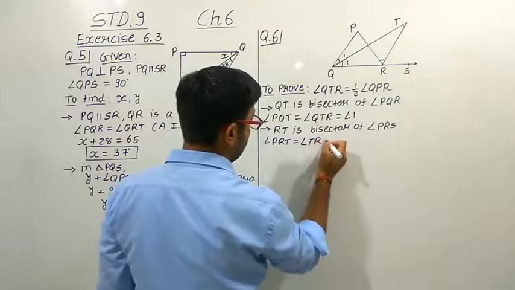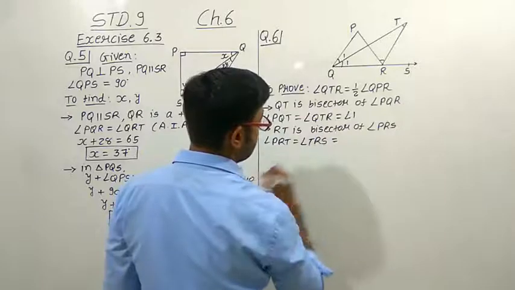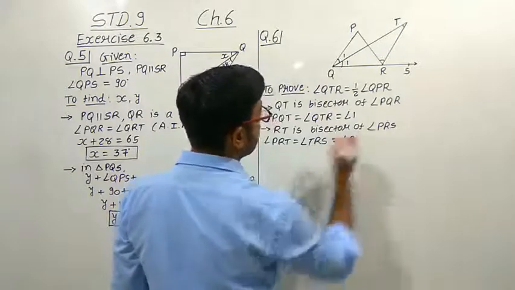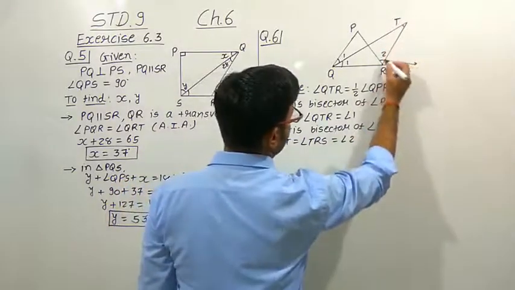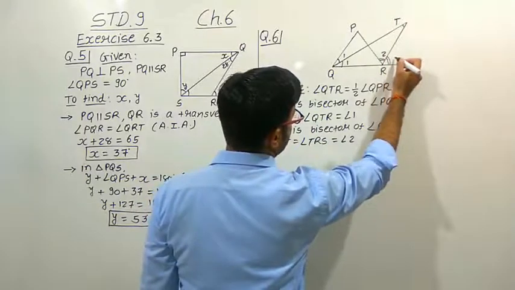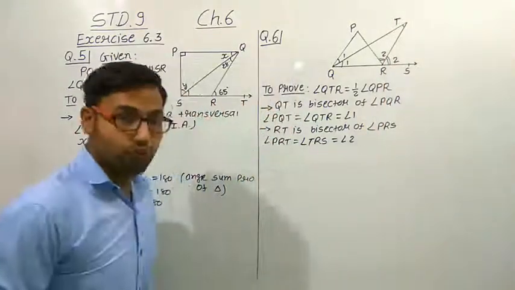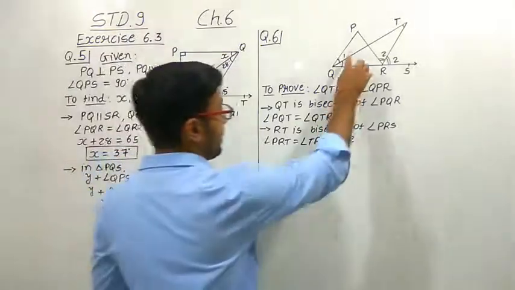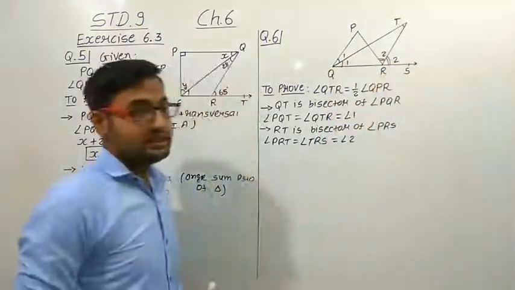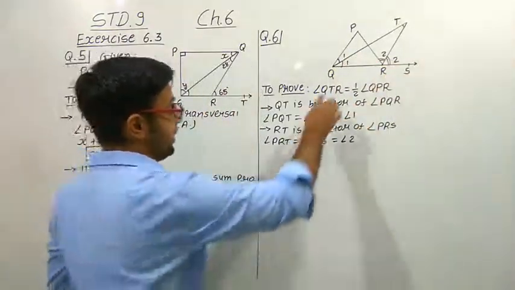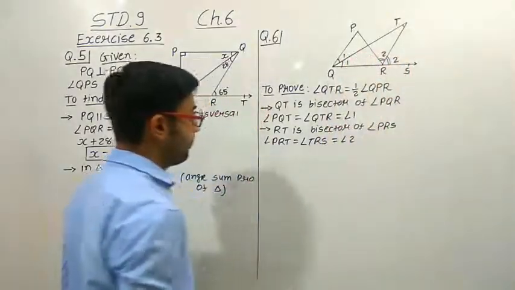Let us take it as angle number 2. So if this is angle number 2, then this angle will also be angle number 2. Right? Why are we taking angle 1 and angle 2? Because it is easy to understand if we take them as angle 1 and angle 2.